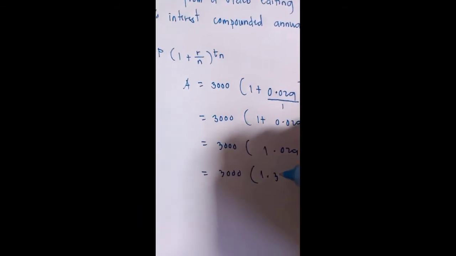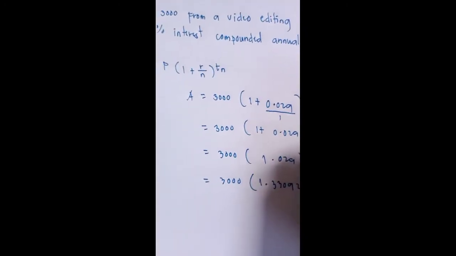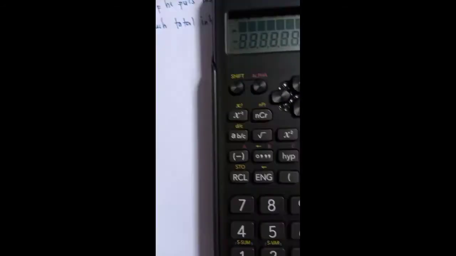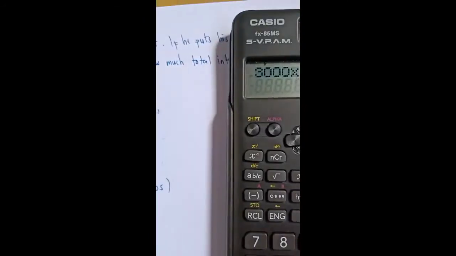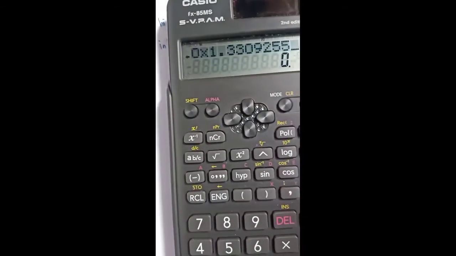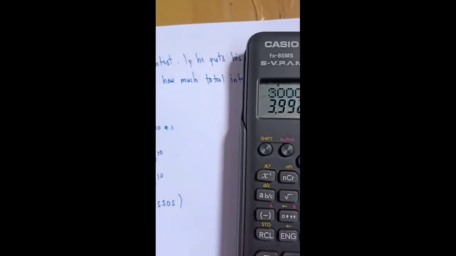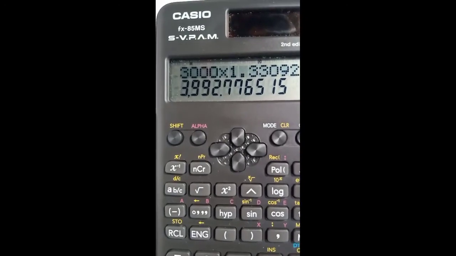So let's multiply it. 3,000 times 1.330925505, and that will be 3,992.78.